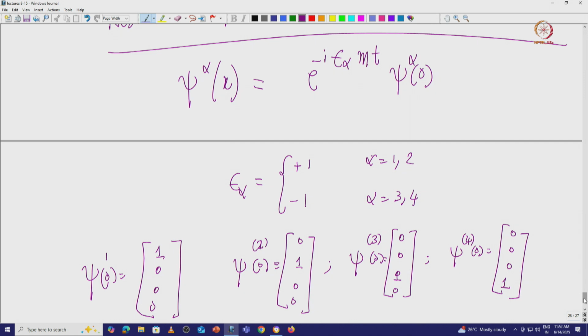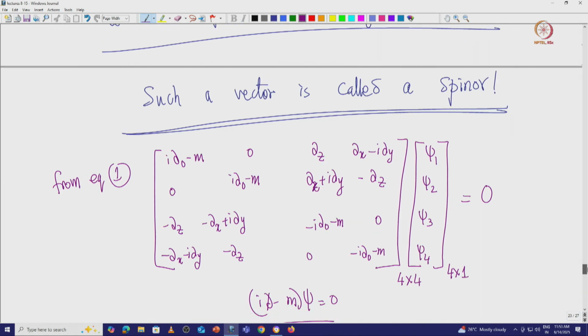Now why do you distinguish between each of these components in this particular fashion? It is because the first two end up having positive energy solutions, purely because of the sign of the derivative term in t. You can see that there is i del t here, essentially i del 0 is nothing but i del t, whereas the next two solutions have negative energy, which is obvious from this equation.